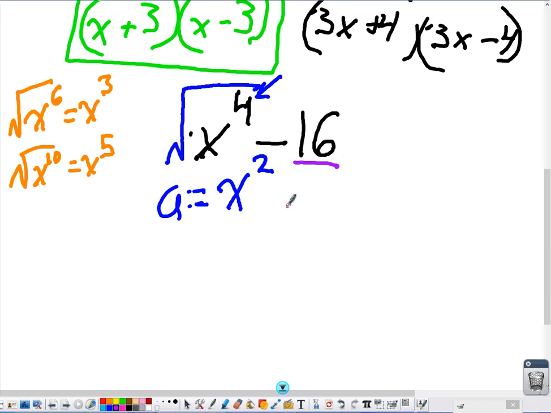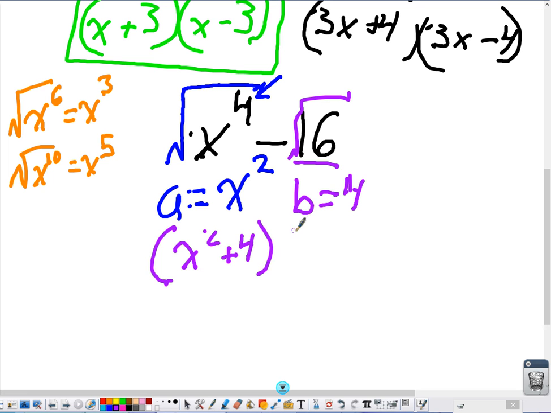Back to our problem, we take the 16, take the square root of that, and I get 4. So what does it factor to? Well, plus minus. x squared plus 4 times x squared minus 4.